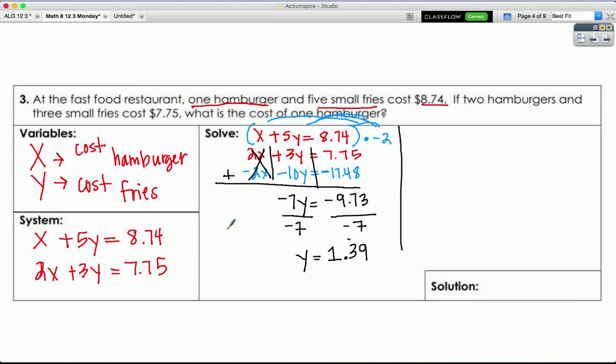So if I plug it back into either one of the original equations, it would be x plus 5 times 1.39 equals 8.74.